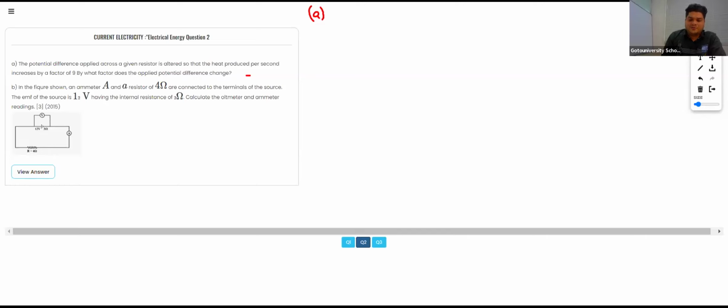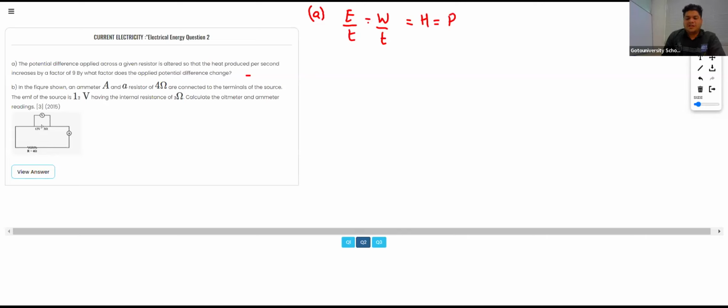Okay, so see what is heat produced per second. Heat is nothing but your energy. Energy is nothing but your work done. E over T is nothing but your W over T. W over T is nothing but your heat, and W over T is nothing but your power.